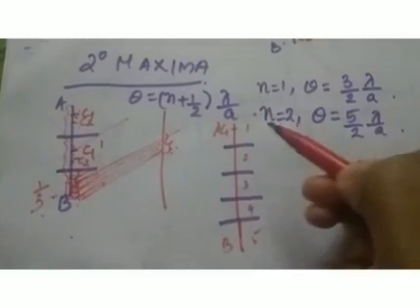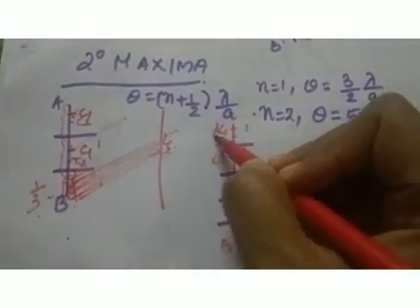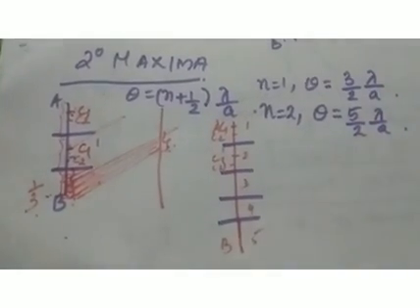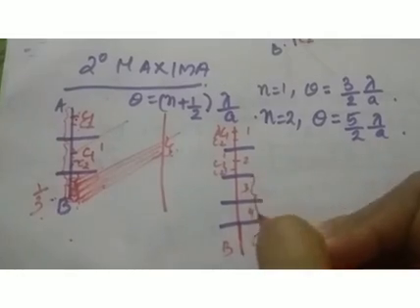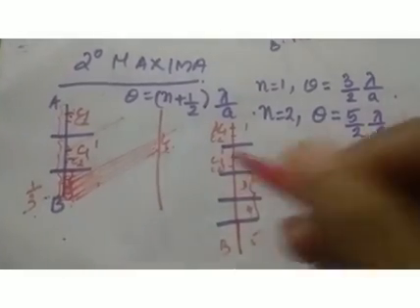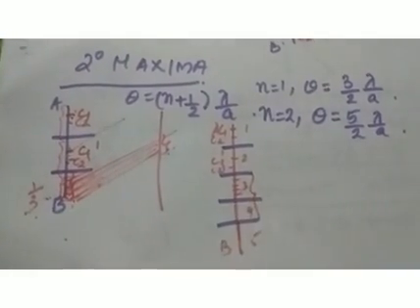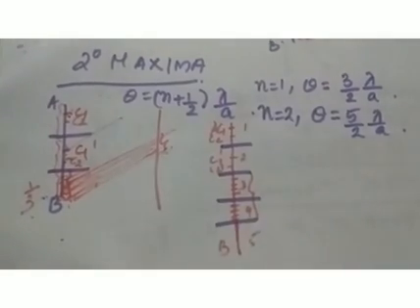What happens? See, if we consider point C1 here, there will be a corresponding point C1 dash here, so their contributions will be cancelled out. Similarly, if we consider another point C2 here, there will be a corresponding point C2 dash in the next half, so their contributions will be cancelled out. Similarly, if we consider these two halves, their contributions will also be cancelled out, because corresponding to each point in the third part of the slit, there will be similar points on the next half of the slit to cancel their contributions.